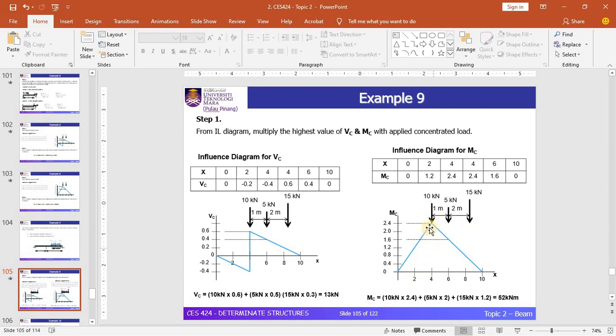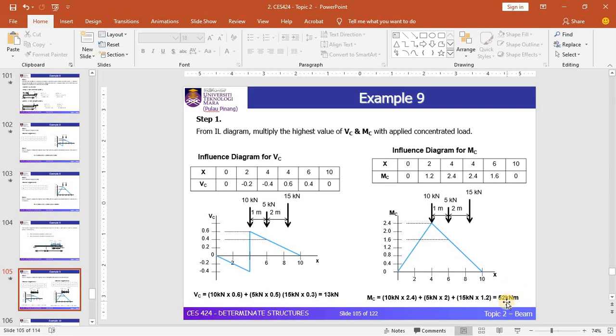For instance, here you can see 10 multiplied by 2.4, where this 2.4 comes from the vertical axis of this diagram. For the 5 and 15, the factor is 2 and 1.2 respectively. By totaling up these values, you can see that the maximum moment at point C is equal to 50 kN.